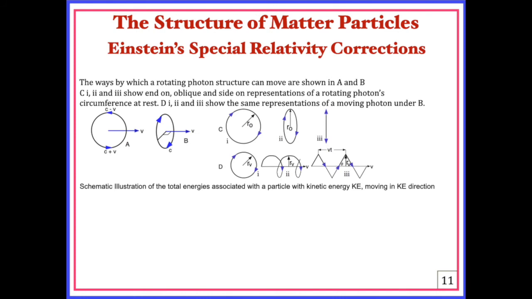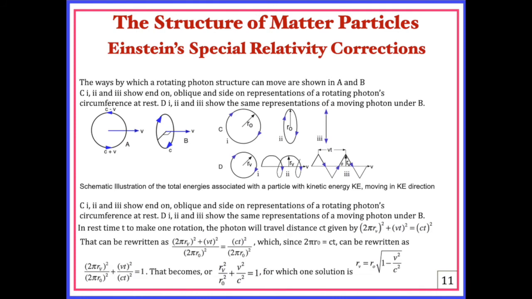A particle structure is a rotating photon, not a rotating wave. A photon has a beginning and an end. As it moves in this direction, it must spiral through space because its end comes after its beginning. Irrespective of the trajectory or path the photon travels, it always moves at the speed of light, c. Its travel becomes an exercise in Pythagoras' theorem with the photon's trajectory as the hypotenuse.